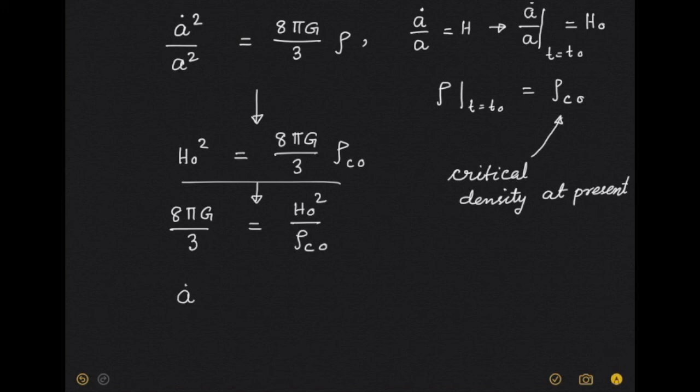which means that I get A dot square by A square equals h naught square times rho by rho c naught.